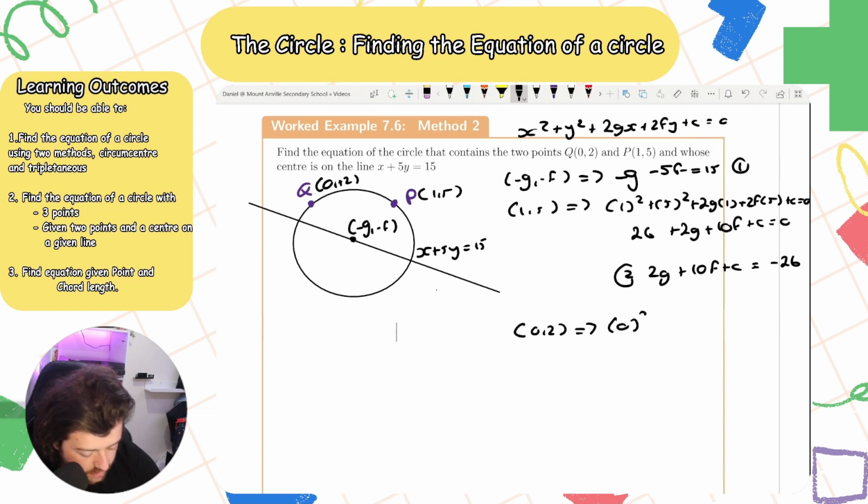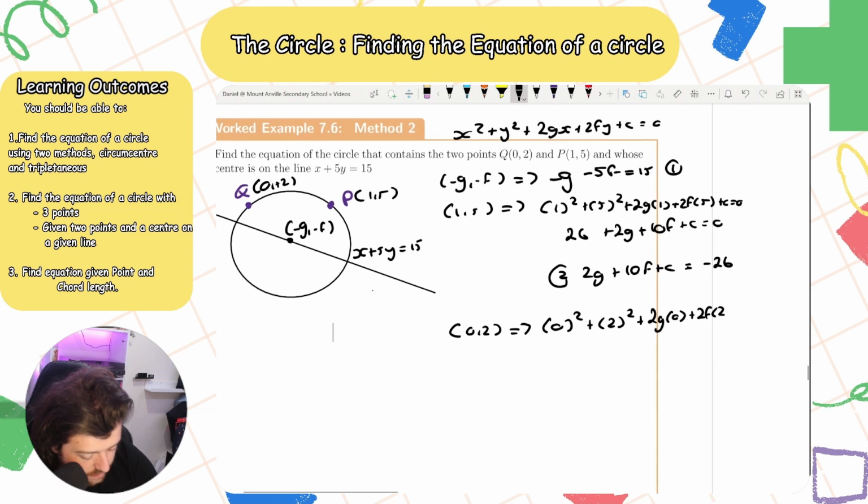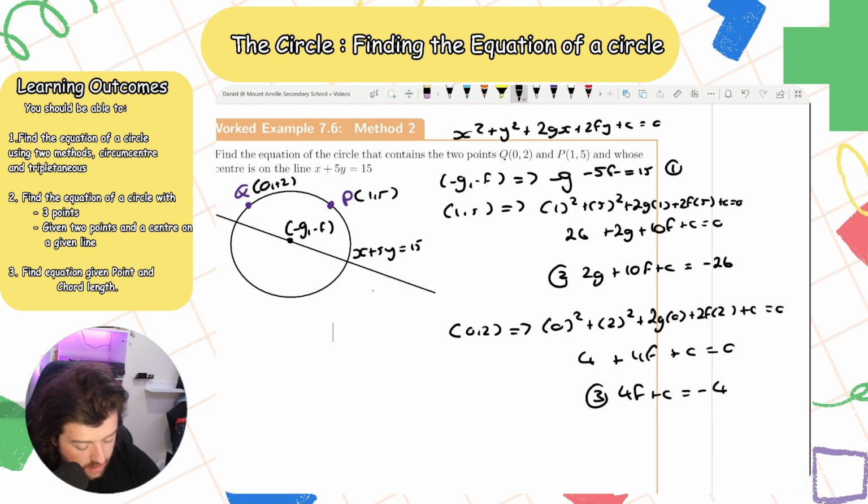So that's 0 squared plus 2 squared plus 2g times 0 plus 2f times 2 plus c equals 0. 4 plus 4f plus c equals 0. 4f plus c is equal to minus 4. And that is my third equation.